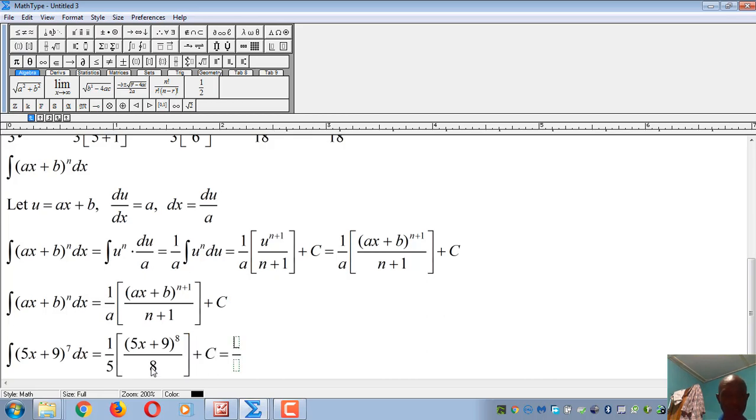So in our final line, that will be 1 over 40 times (5x + 9) raised to the power of 8 plus c. So this is what we have for this.